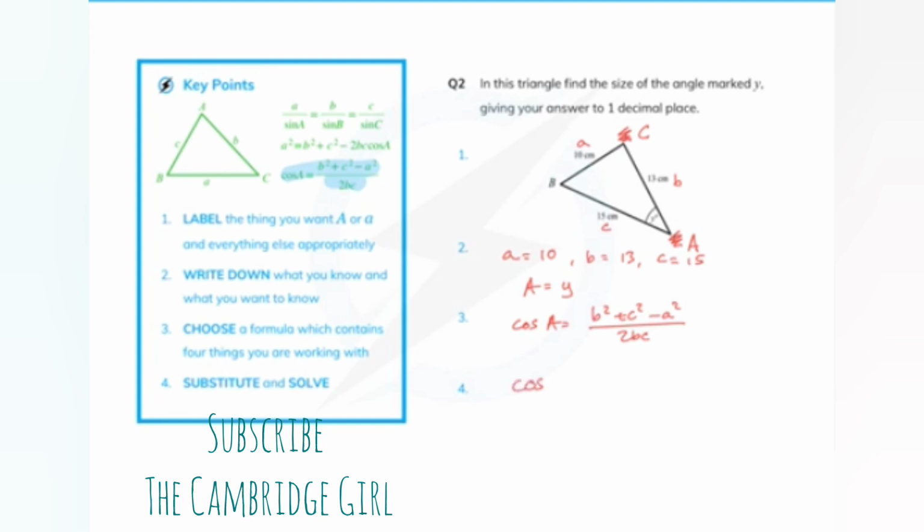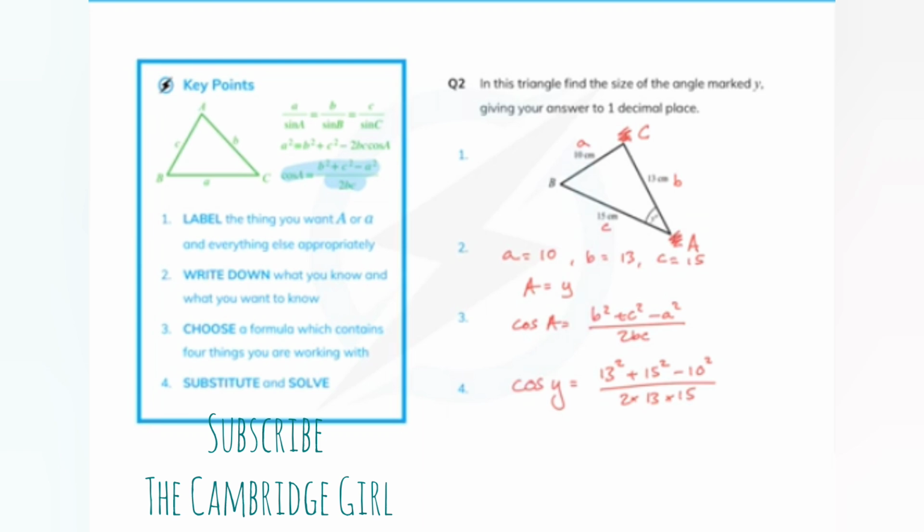Right, so put in the letters and numbers. A is y, b is 13, so I get 13 squared plus 15 squared minus 10 squared all over 2 times b times c, so that's 13 times 15. And I still wouldn't work that out.